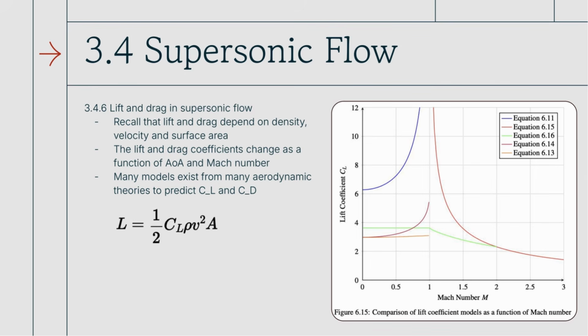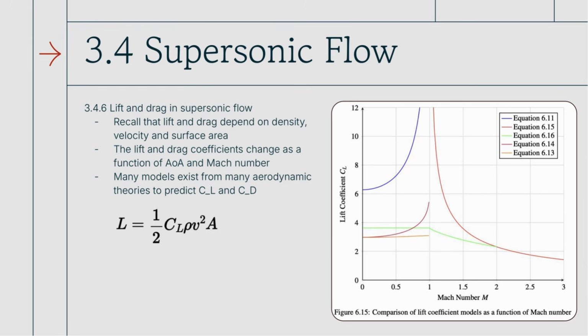And so you can actually see here, this is taken from last year's design report, but essentially this is me comparing a bunch of different theoretical and semi-empirical models for modeling the lift coefficient based on your Mach number. You can see that a lot of these have an asymptote at Mach 1, because once you create that shock wave, there's a discontinuity there.